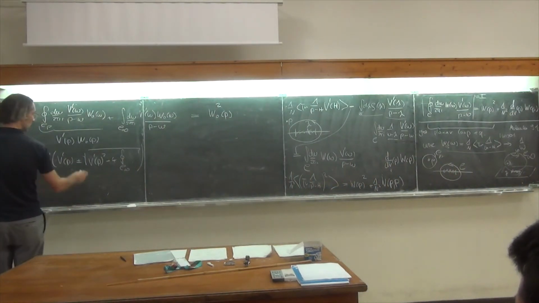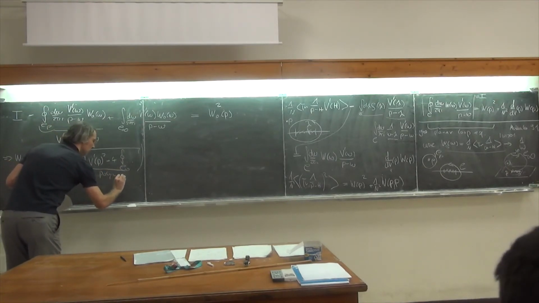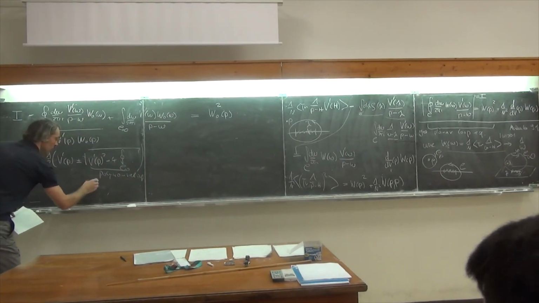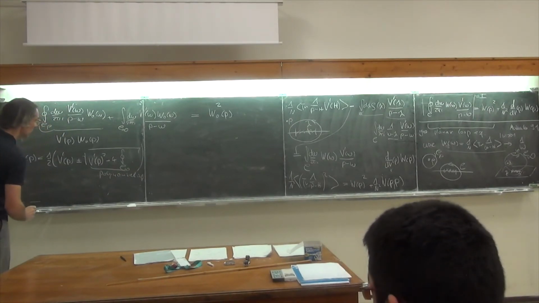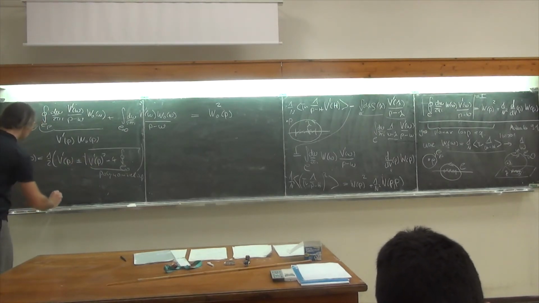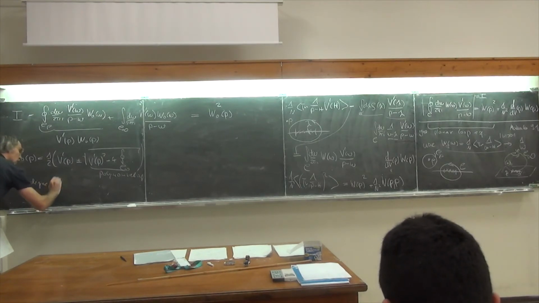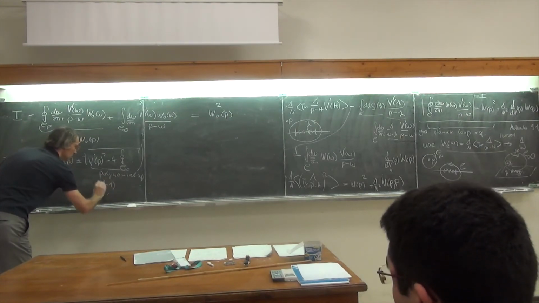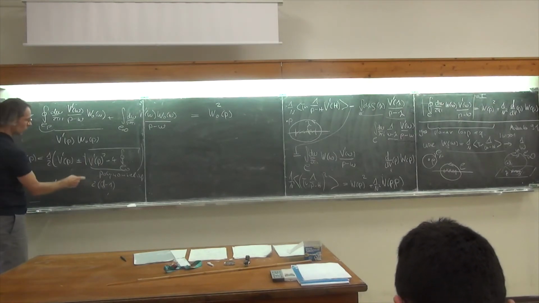So the branch I will pick is that this will be a polynomial in P. And if V has a degree D, then this has a degree D minus 1 squared, so times 2. And I will pick the branch that if I pull out the highest order in P, that I get a plus sign here at infinity.